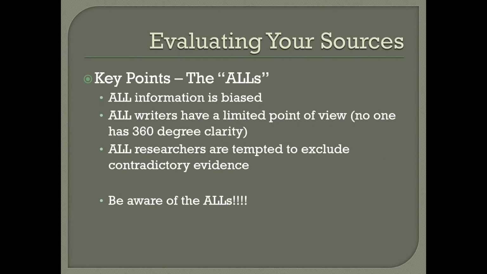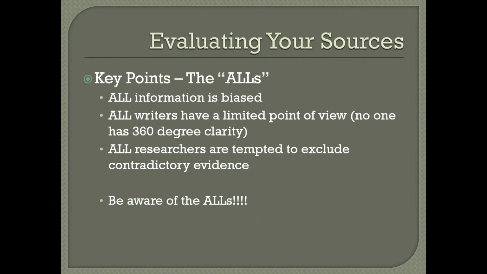We bring in our biases, and so does every other person in the world. And so when you look at information, realize that it's all biased. I'm not saying it's bad. I'm not saying that you can't trust people. I'm saying you just have to be aware that everything is not 100% truth and not 100% authentic, because we all bring our biases to the equation.